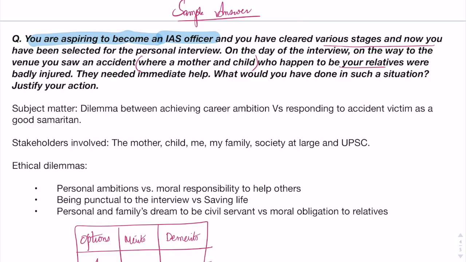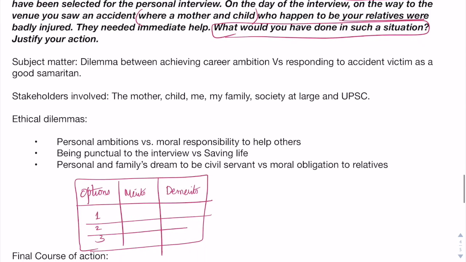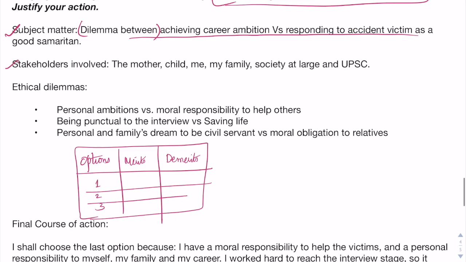Now you face a dilemma whether to go for the interview or just be there helping the victims. Now, as we said, we follow the standard framework where in the subject matter you write about the dilemma, the basic crux of your case study, where a dilemma between achieving career ambition versus responding to accident victim. The stakeholders involved, you can also represent this through a diagram.